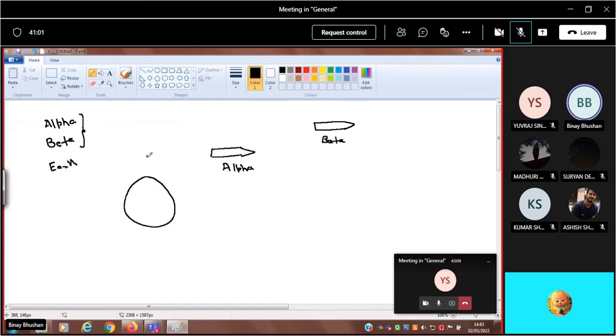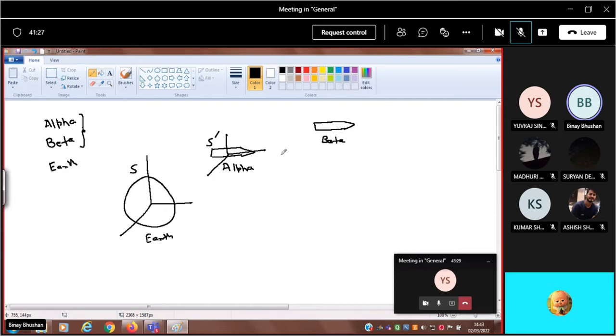Suppose we take this Earth. This is our Earth, so this is the S frame of reference, and say this one is S prime, and Beta we are watching from both S and S prime.